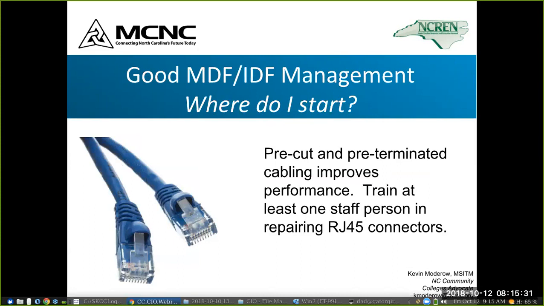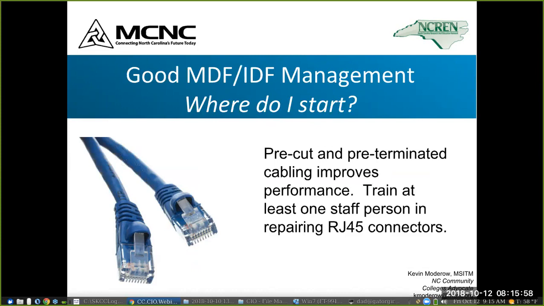So one way to improve our MDFs and IDFs right off the bat is pre-cut, pre-terminated cables. As you can see, those things we identified earlier, the exposed wiring, the inadequate shield, the RJ45 connector, all of those are avoided with pre-cut, pre-terminated cables.